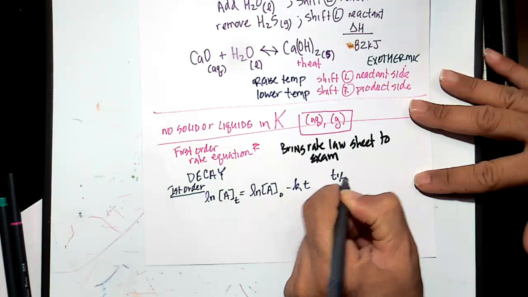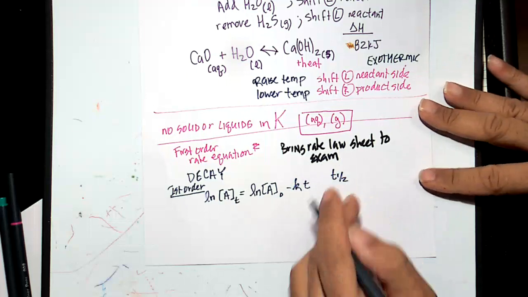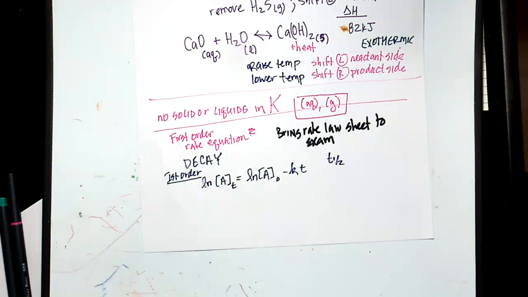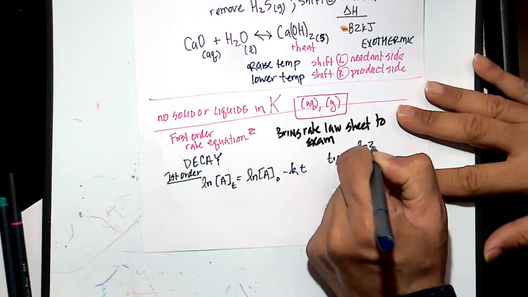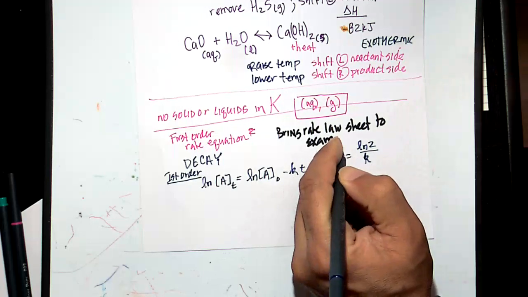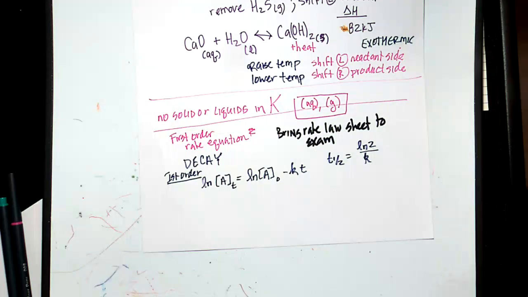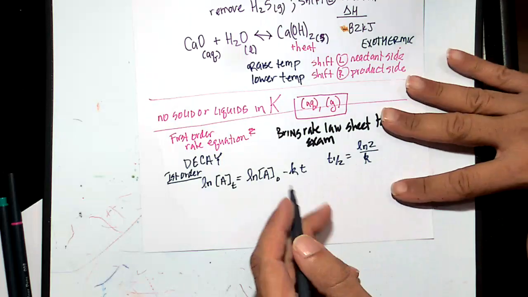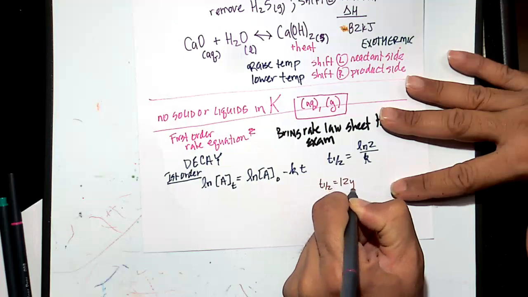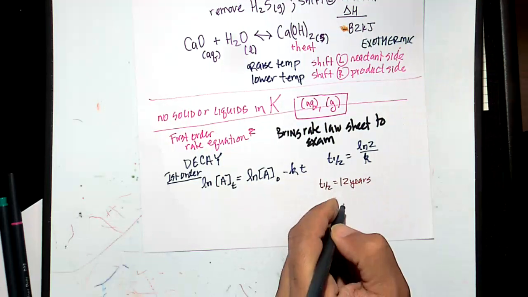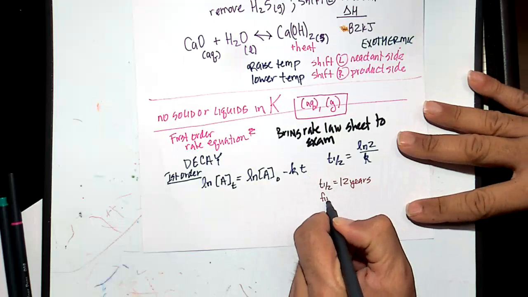There's also a half-life for a first order decay. What is half-life? The definition of half-life is the time in which 50% of it is gone. For first order, it's this equation: natural log of 2 over k. So as an example on the exam, let's say the half-life of something is 12 years, and you know it's first order decay.